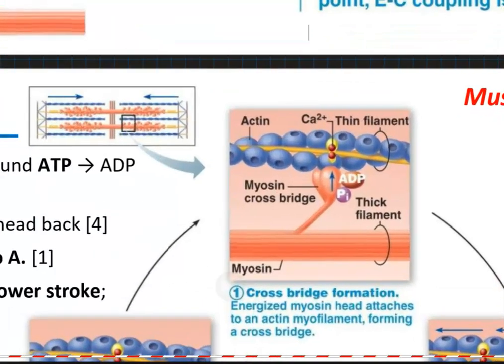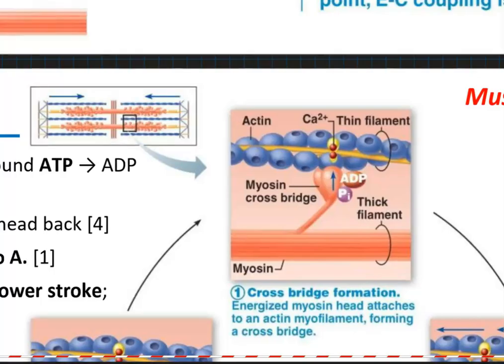Here, you can see myosin that is bound to actin. And this myosin also has ADP and inorganic phosphate bound to it.